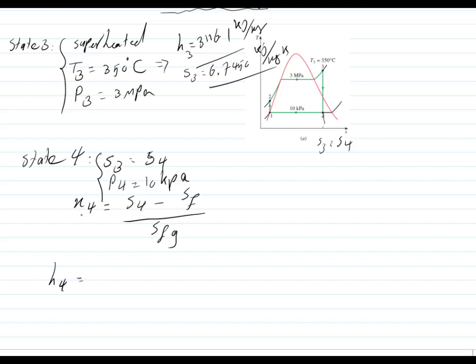We will use this x to calculate h. h4 is equal to hf plus x4 hfg. We can use this equation to find h4, because also we can find hf and hfg for state 4, which is in the mixture region.